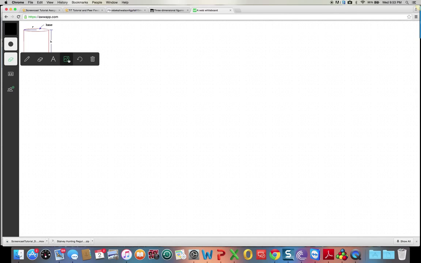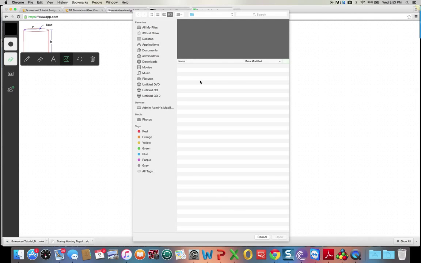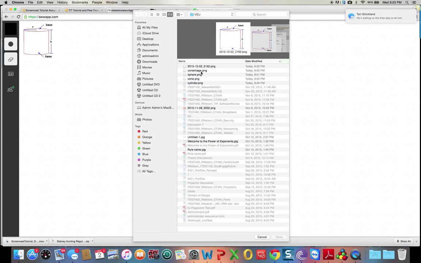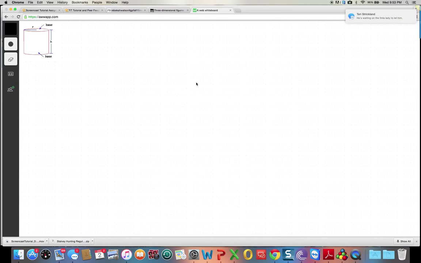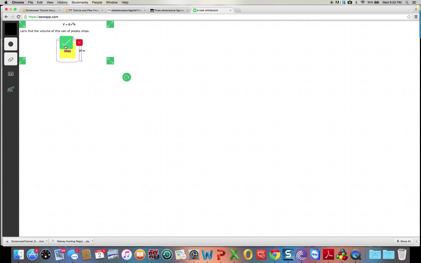So, let's look at this canister that holds potato chips. If we have a radius of 9 and a height of 20, the first thing we're going to do is square 9, and 9 squared is 81, and then multiply that by 20.